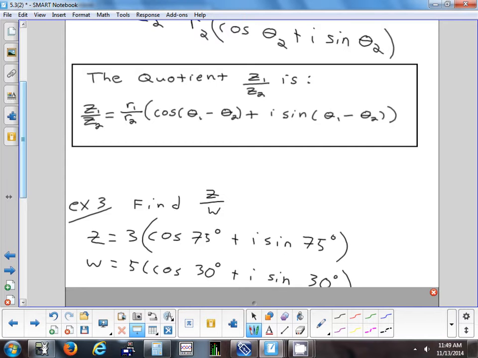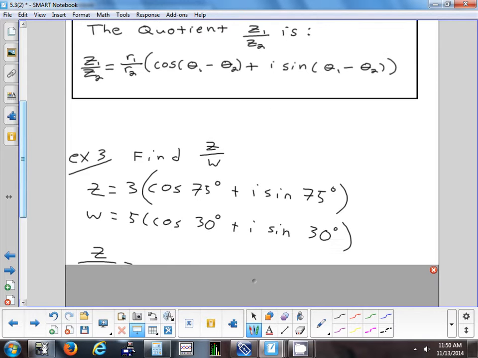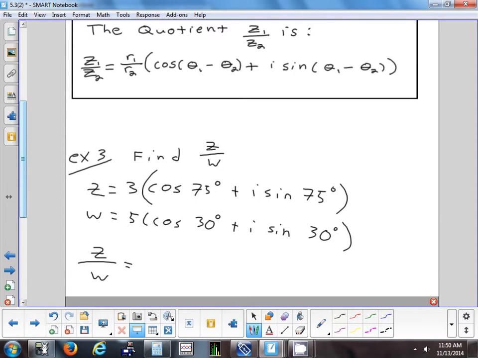The name of it doesn't matter, just what the actual numbers are. All right, what's my radius going to be here? 3/5, yep. Just take 3, divide by 5. And what about my angle? 45, yep, 75 minus 30 is 45.